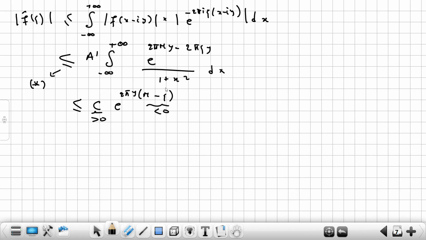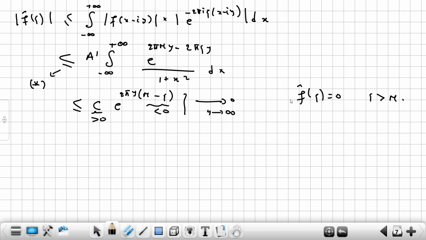So this term here is negative, and letting y tend to infinity, this term goes to 0, and we conclude that f hat(ξ) is equal to 0 whenever ξ is greater than m.